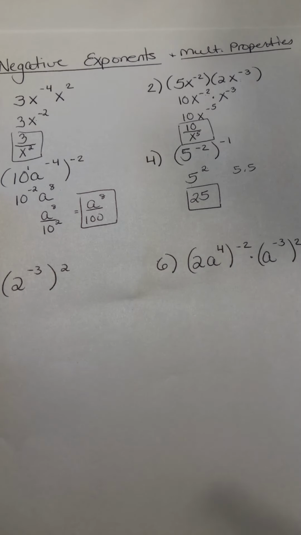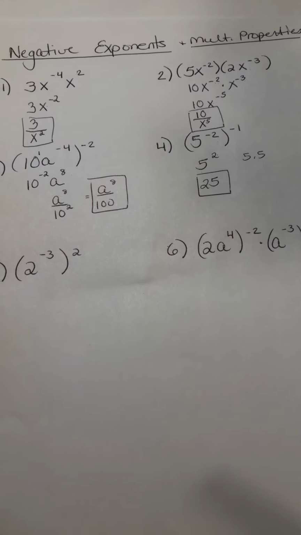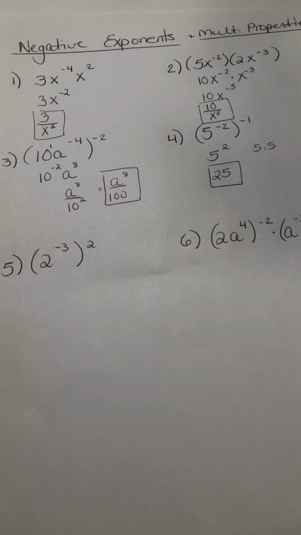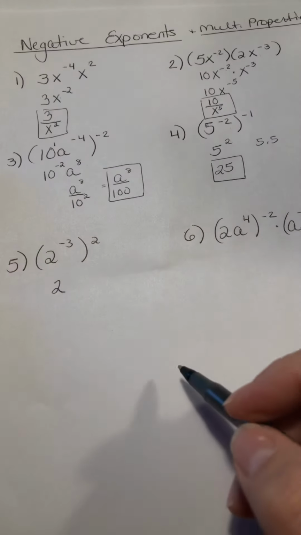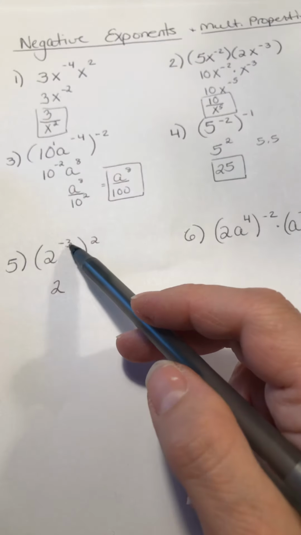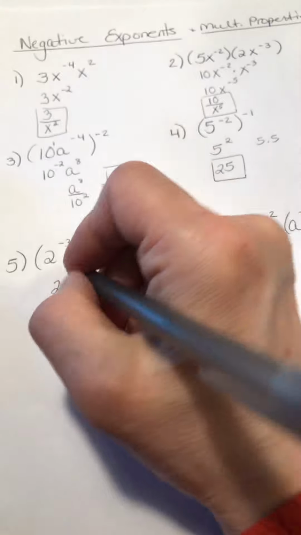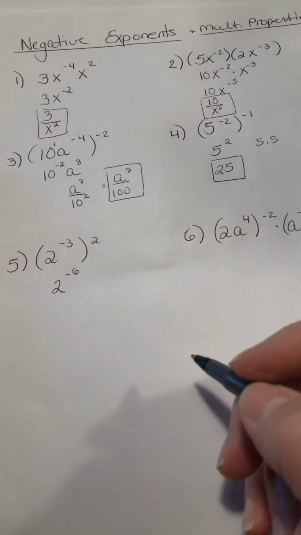Number 5 is very similar to number 4. We're going to keep the base and multiply the exponents together. So negative 3 times a positive 2 is a negative 6.